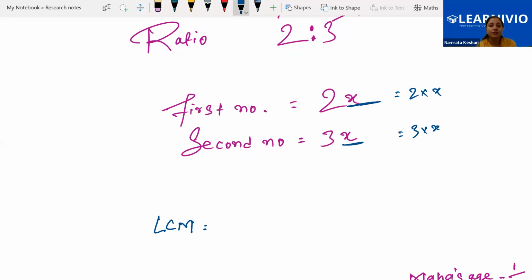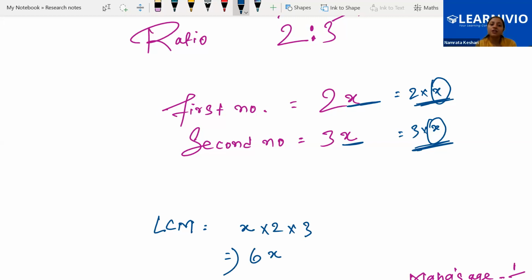We search for the common factor. Can we see x and x is exactly common? So LCM will have x, and apart from that, all the remaining terms, that means 2 and 3 as well. So can we say directly that LCM is 6x?